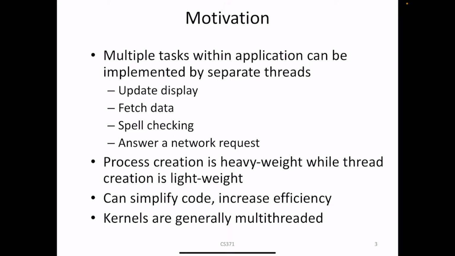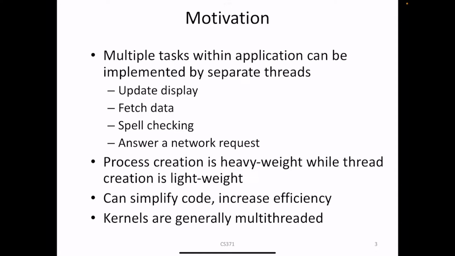So you can see that all those tasks are implemented within a single application. And nowadays, those tasks can be implemented by separate threads. For the aforementioned Microsoft Word example, we can have one thread to update the display, one thread to fetch data, one thread to do spelling checking, and one thread to answer network requests.